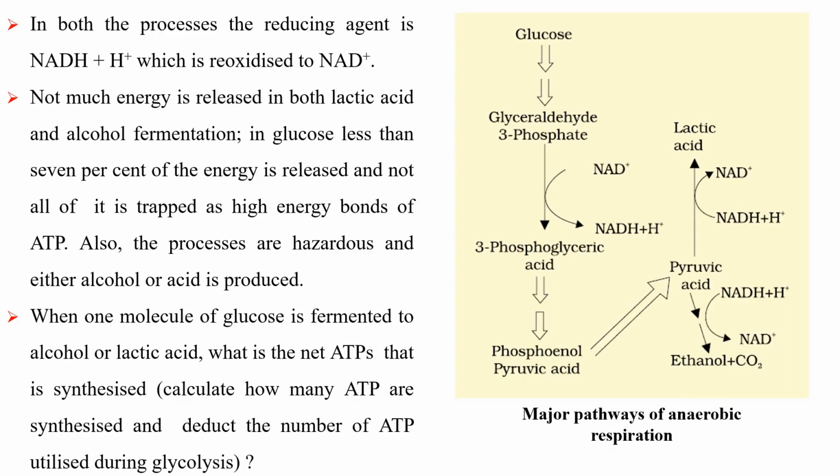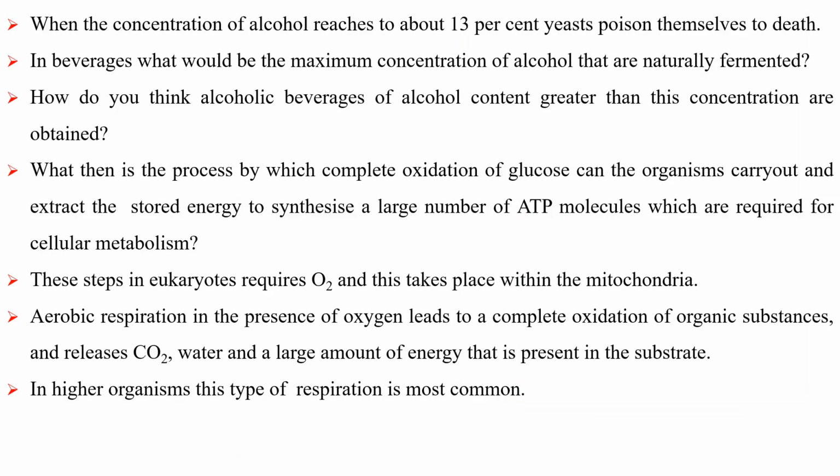Also, the processes are hazardous, as either alcohol or acid is produced. When one molecule of glucose is fermented to alcohol or lactic acid, what is the net ATPs that is synthesized? When the concentration of alcohol reaches about 13%, yeast poisons themselves to death.